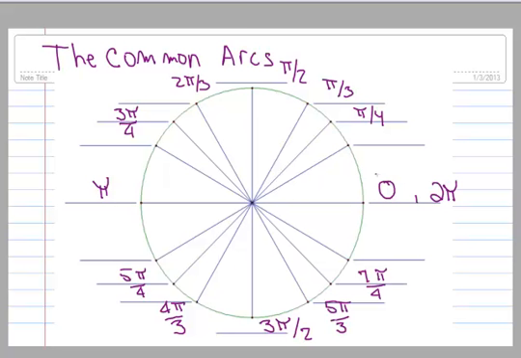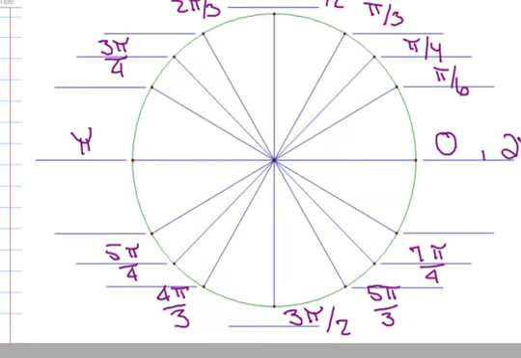Then we did 6, so that makes this one pi over 6, and that makes this one over here, oops, that's an awful looking one, 5 pi over 6, this one 7 pi over 6, and this last one over here 11 pi over 6. And you can see where they come from by looking at those 3 individual circles that we did.